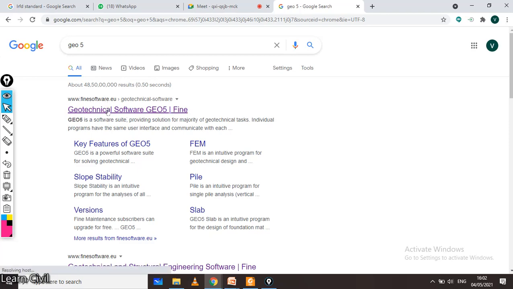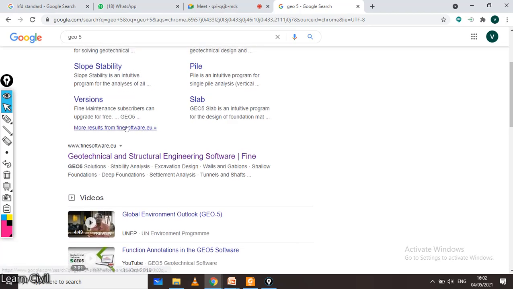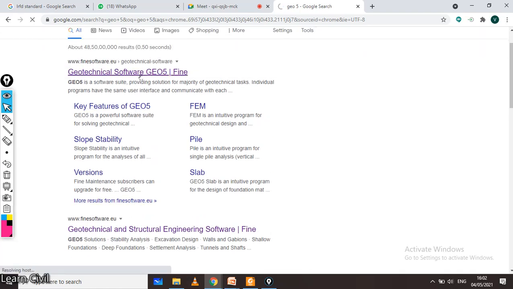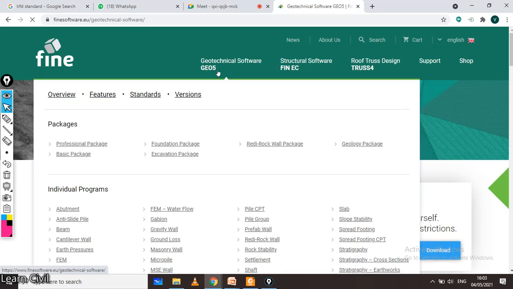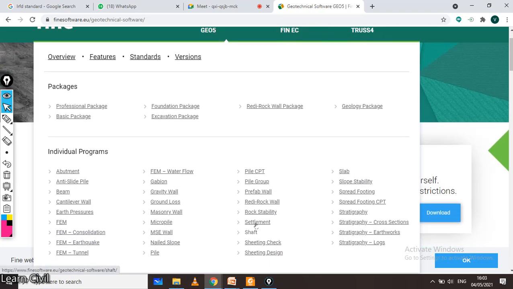This is finesoftware.eu, the website at which you can get this Geo5 software, and the trial version is available free of cost. You can use this trial version for practice. You can go under Geo5 versions, or you can download the individual programs.